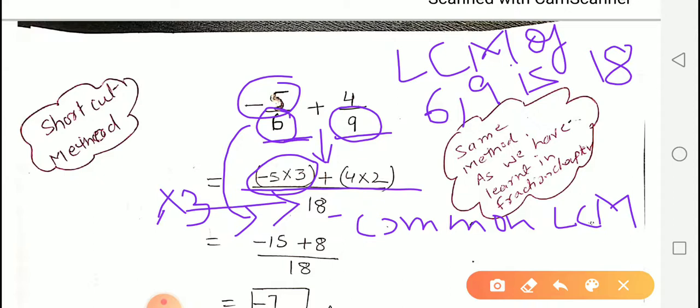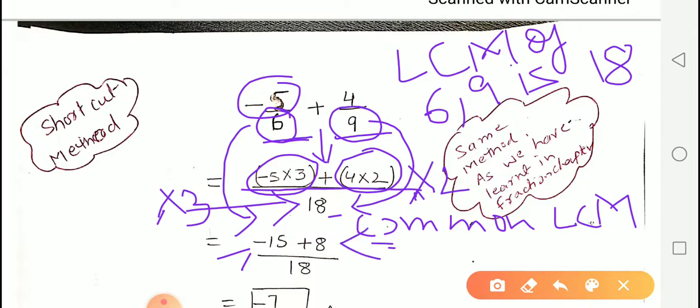Again we see by which number 9 is multiplied to get 18, so we multiply it by 2. We multiply the numerator also by 2 and get negative 5 into 3 as negative 15, and 4 into 2 as 8.